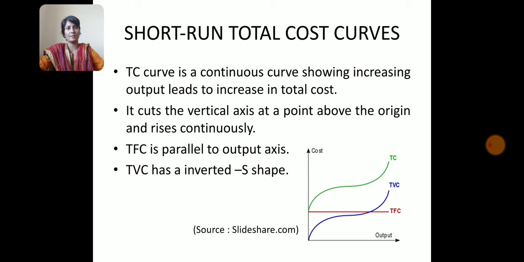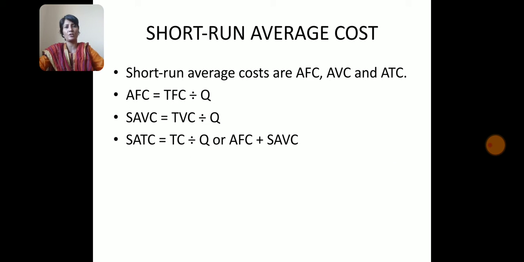The next cost which we come across in the short run is the short run average cost. In the short run analysis of the firm, average costs are more important than total costs. The units of output that a firm produces do not cost the same amount to the firm, but they must be sold at the same price.